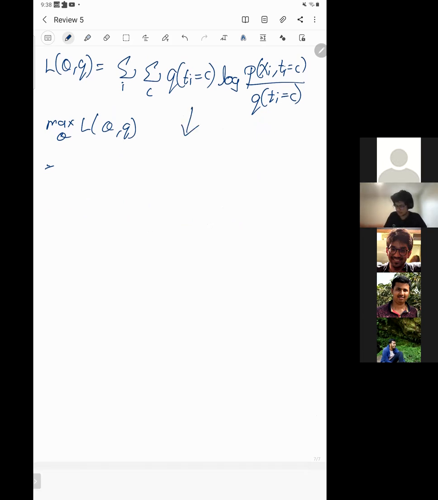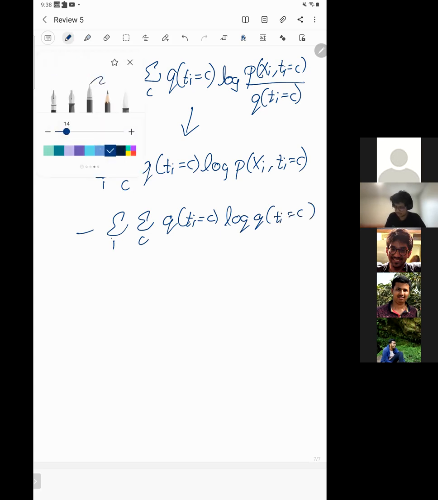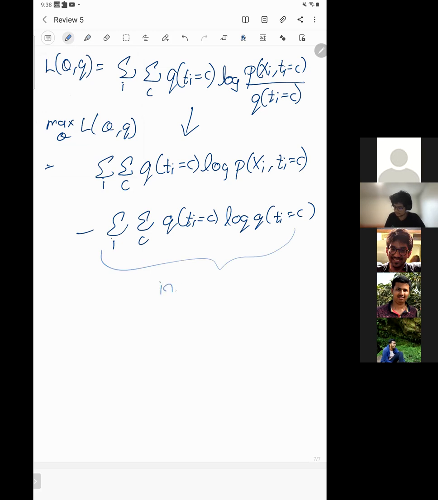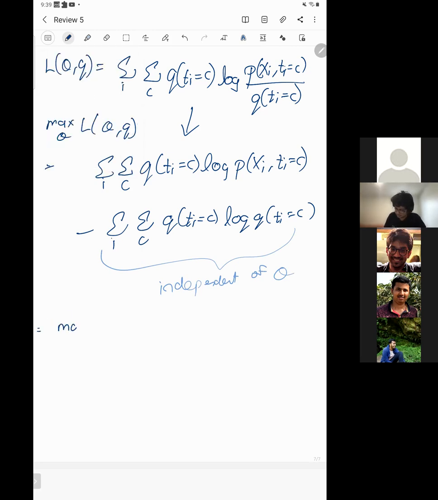So you can write this thing as Q of Ti equals C, minus. Now this entire thing is independent of theta, so you can just ignore it. So our goal becomes maximizing this.